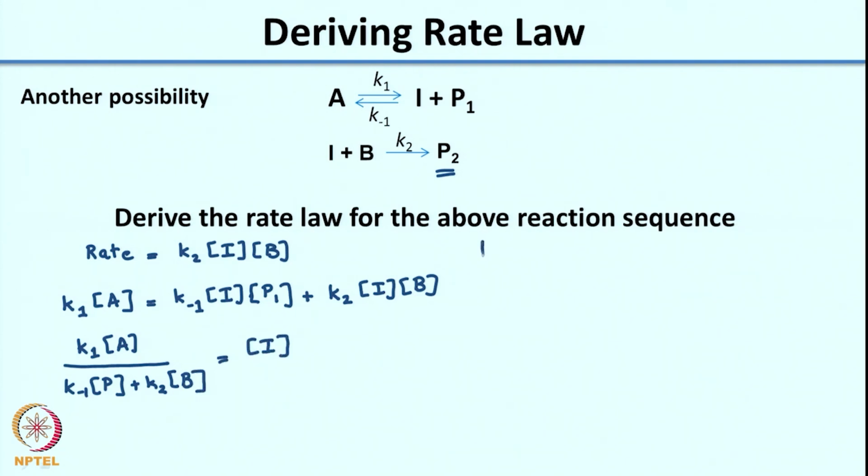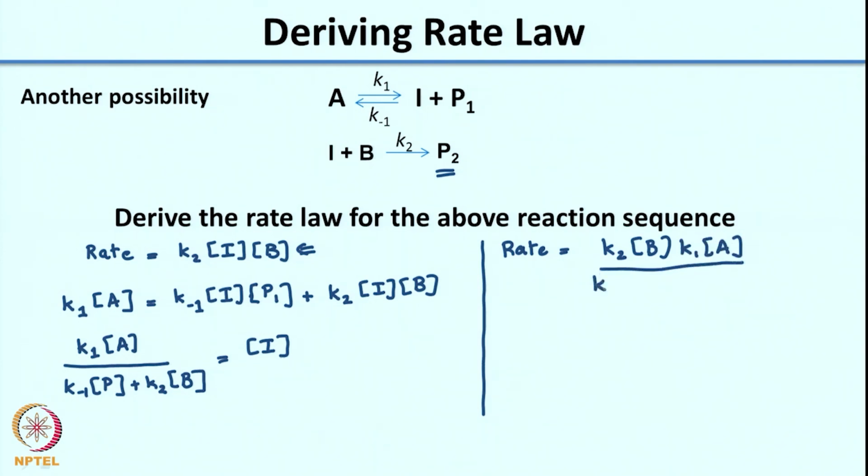So now we will go ahead and substitute that in the rate equation. So you have the rate is equal to K2B. So we are talking about this equation, and now for concentration of I we would put K1A over K minus 1P plus K2B.